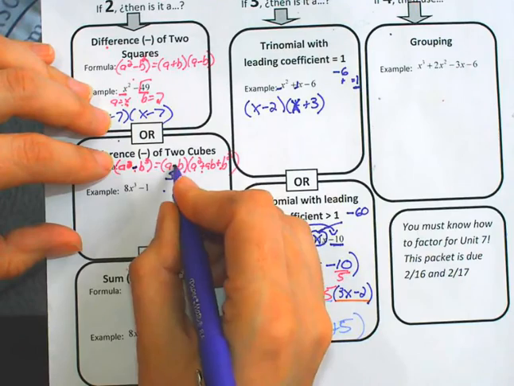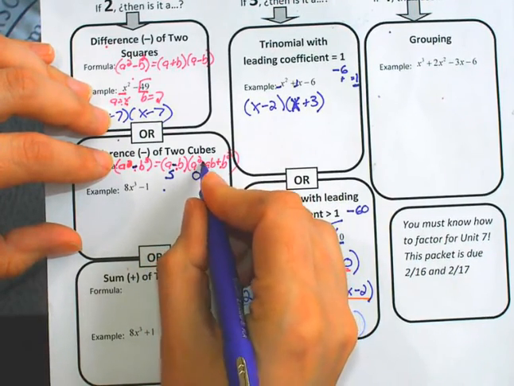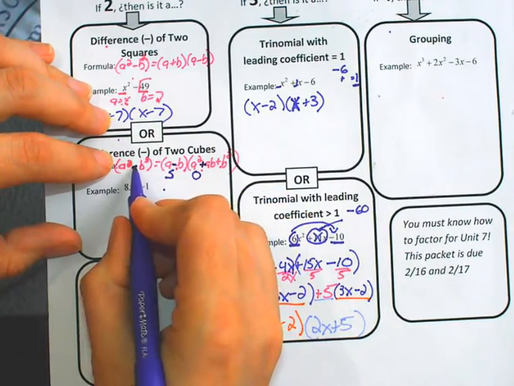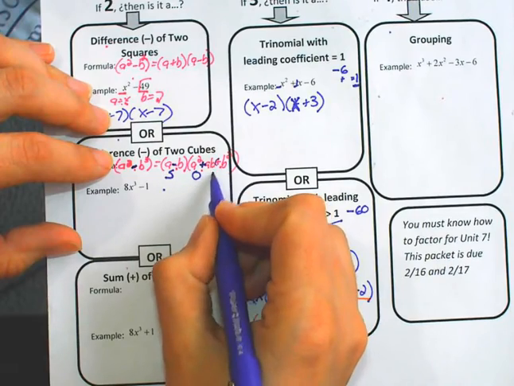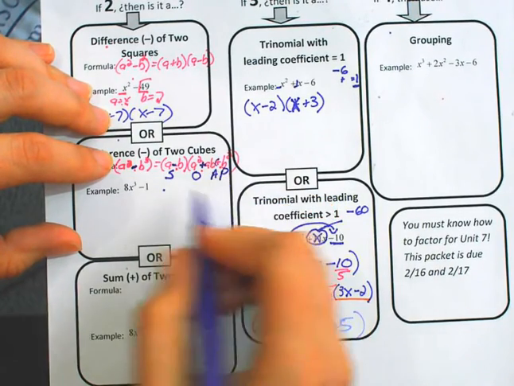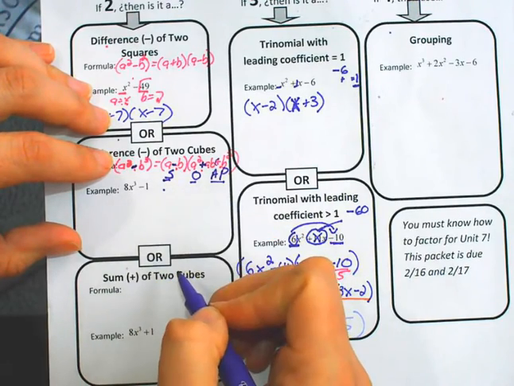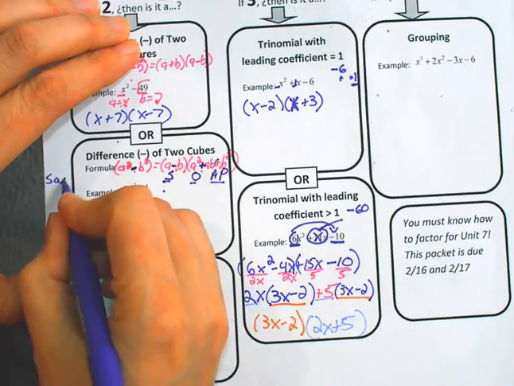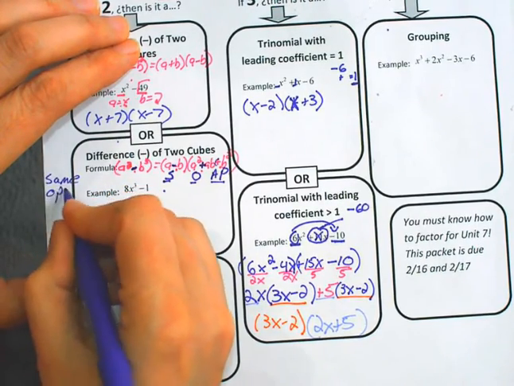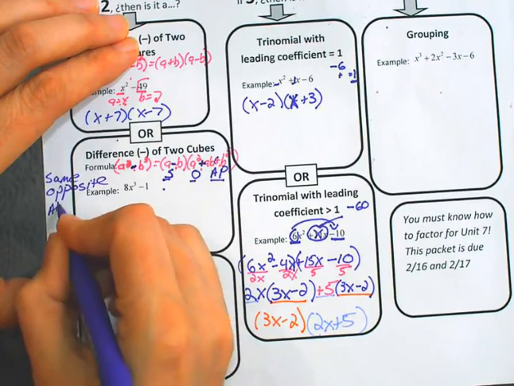The opposite sign, this is plus, so I started with a minus, and the opposite of that will be plus. And then this last one is always positive. So we say SOAP: same, opposite, always positive. Again, same sign, opposite sign, always positive.